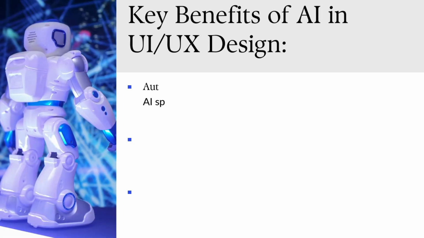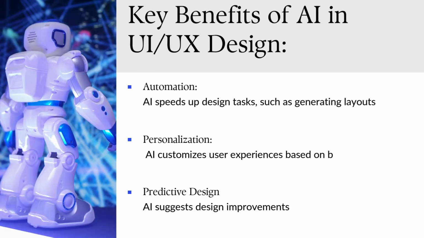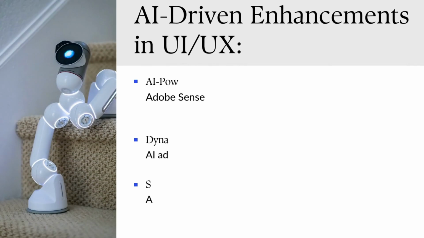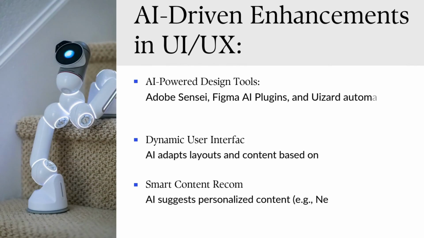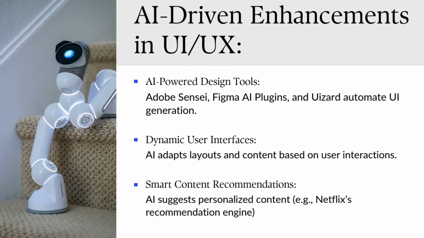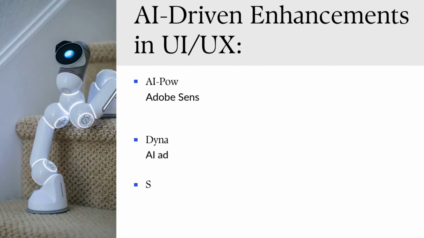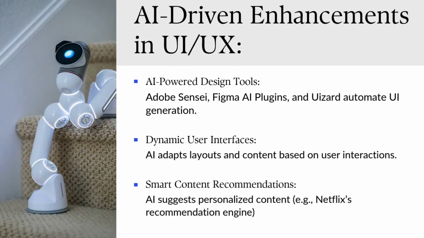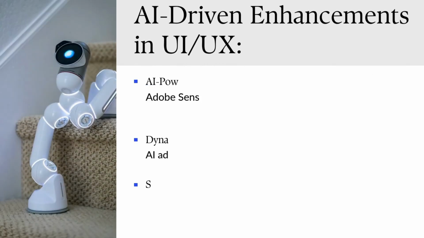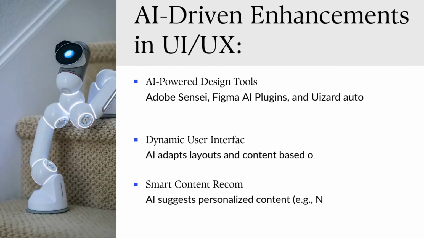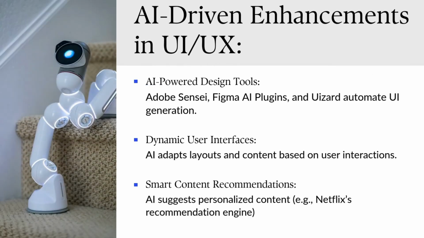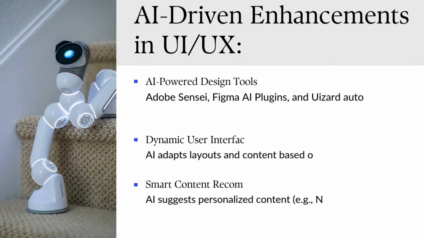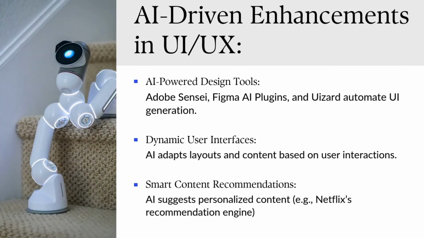So guys, let's talk about some of the AI driven enhancements in UI and UX. First on our list, we have the AI powered design tools, which includes Adobe Sensei, Figma AI plugins, and Uizard, which automates UI generation.